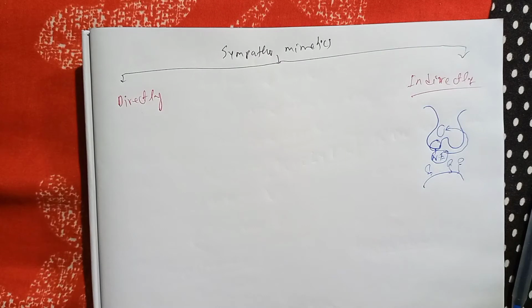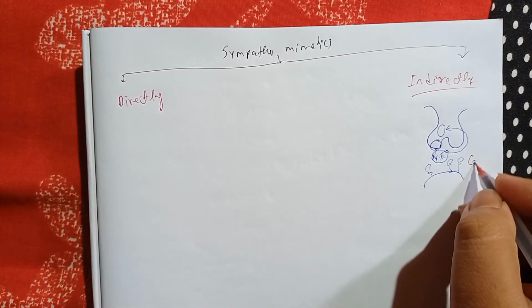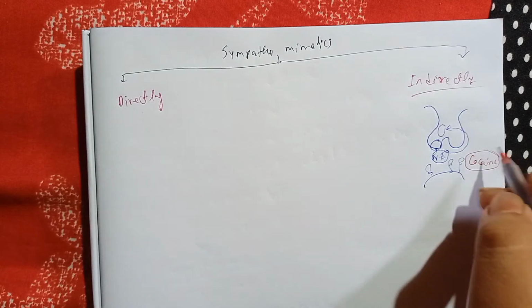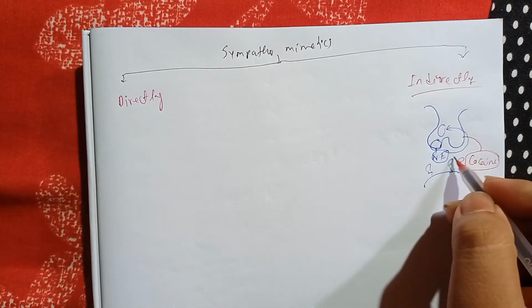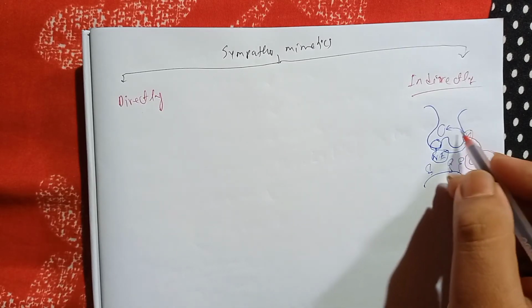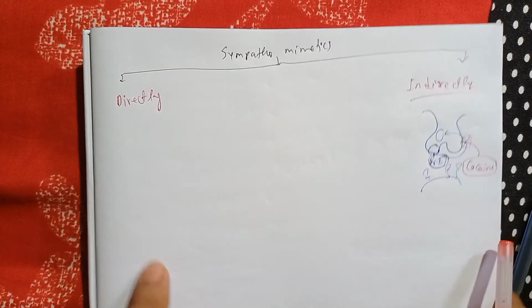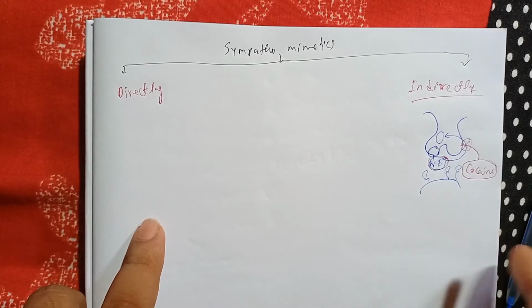Now if we use some drugs like cocaine, as I mentioned before, what will happen? They will not let the noradrenaline go back to the vesicles. As a result, the amount of noradrenaline, norepinephrine, will be more, so ultimately the effect will be longer.